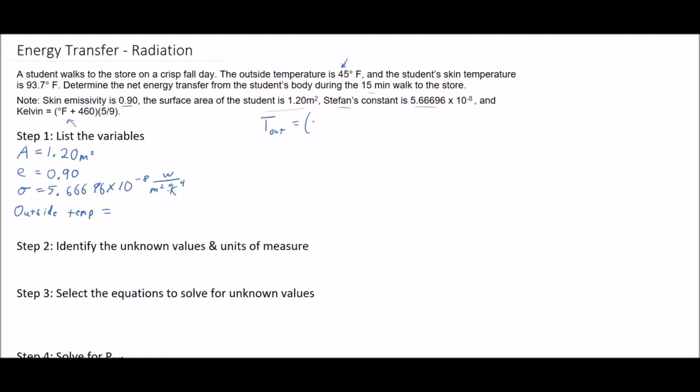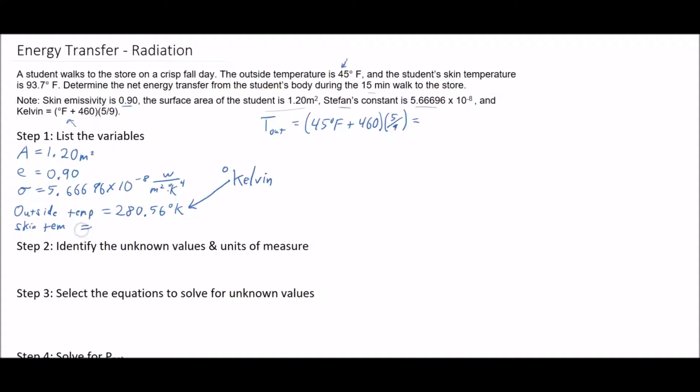So degrees Fahrenheit is what, 45 degrees F plus 460 times 5/9. And what we get when we do that is basically 280, and that's degrees Kelvin. So it has to be in Kelvin. In fact, I'm going to put just a big arrow. Kelvin. Well, degrees Kelvin.